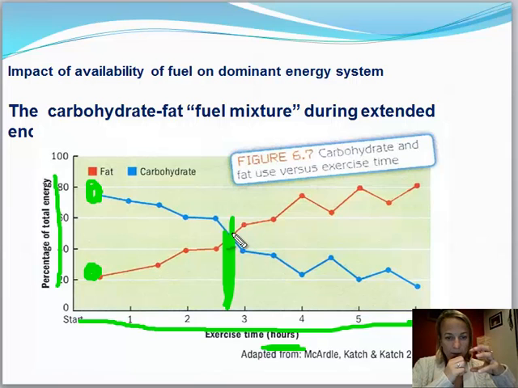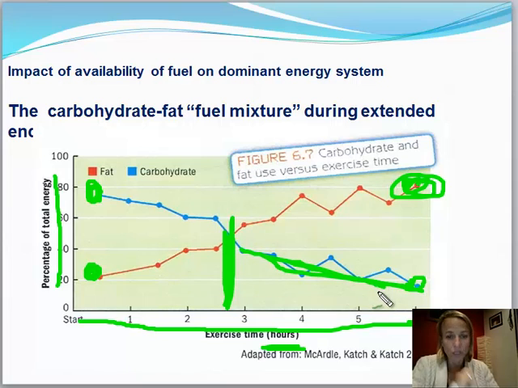So we start off with carbohydrate, the big one, and a little bit of fat, and then as we move through hour after hour, the percentage changes until by about 6 hours it's a complete reverse. We're mainly using fat, and a little bit of carbohydrate because it's run out.